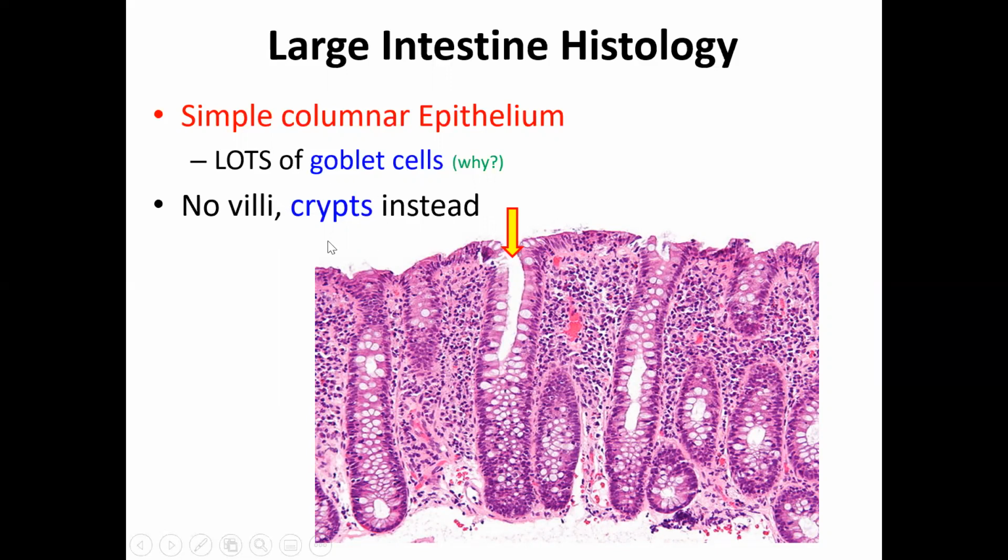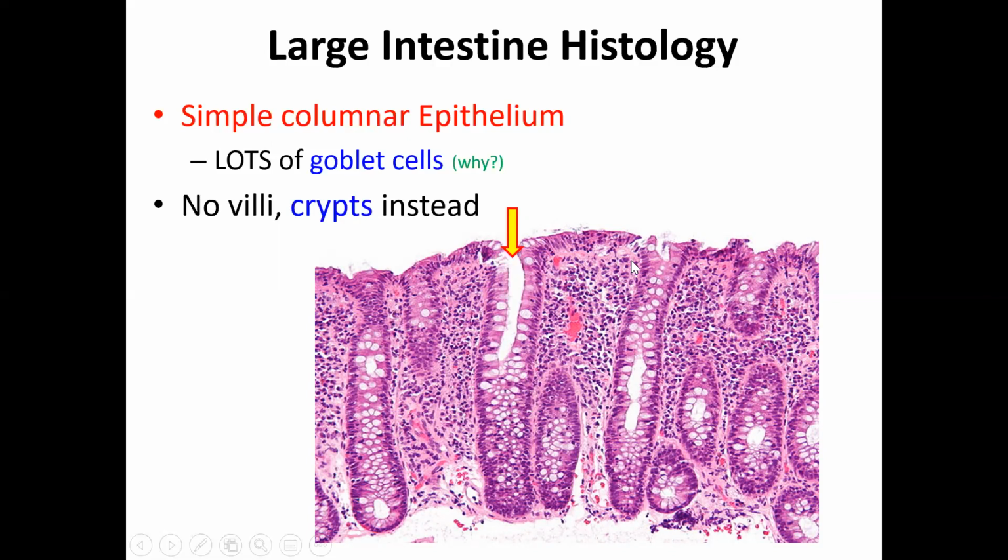So they're instead called crypts, intestinal crypts. If you've heard that word before, it's like Tales from the Crypt. A crypt is like a grave site, you go down into it. So think of it like going down into the crypts.